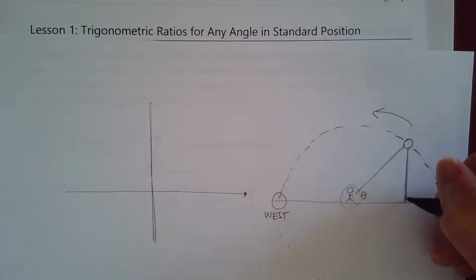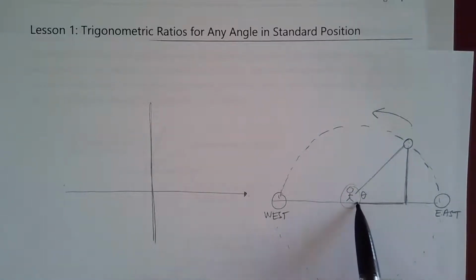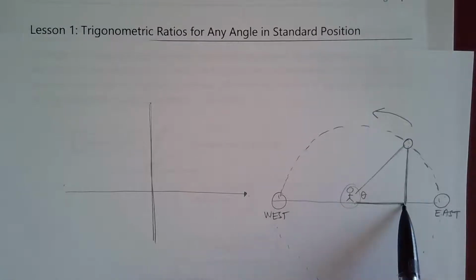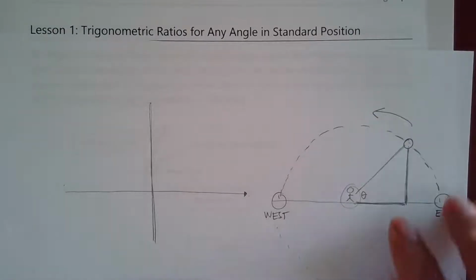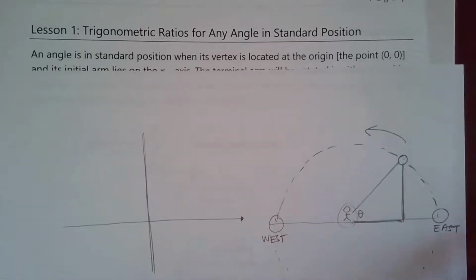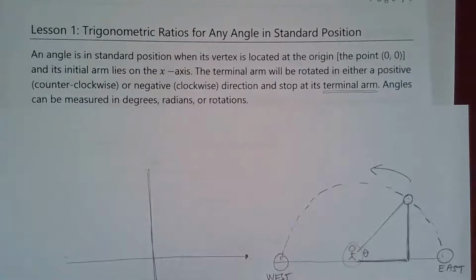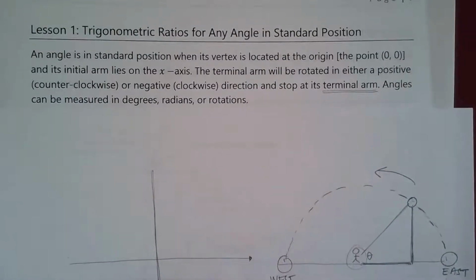And then over here is, how far is it over this way? So all of that, I will probably make some connections later on as we go on with the trigonometry. But what I want to focus on is the angle in standard position. I want to talk about why we are going this way.